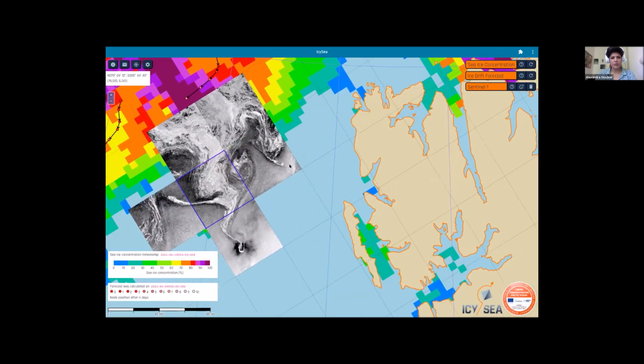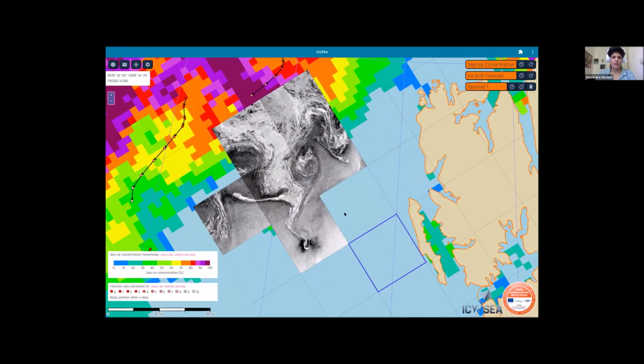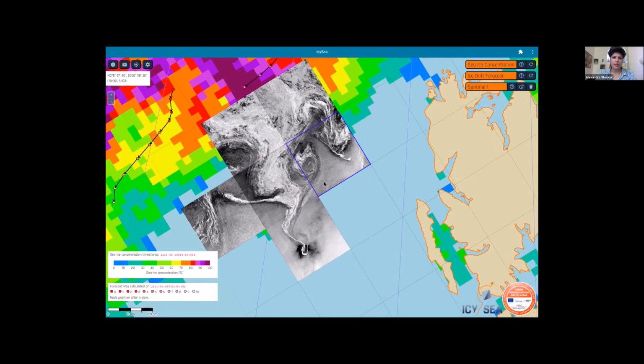So yeah, these are the low resolution images. You can really see the sea ice swirling around here. And let's say I want to update to the high resolution, if you're really navigating close to this area, so I get a clearer image.